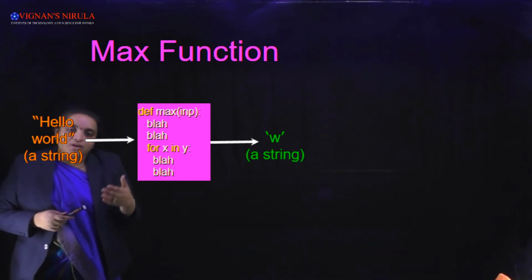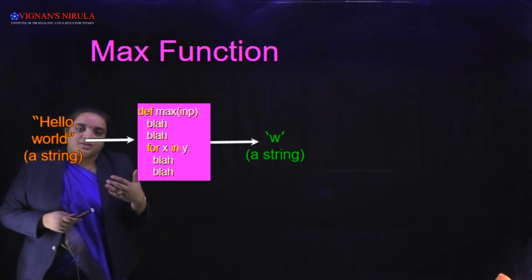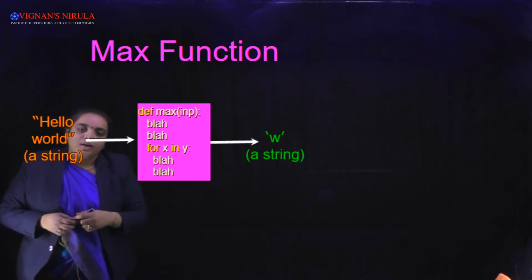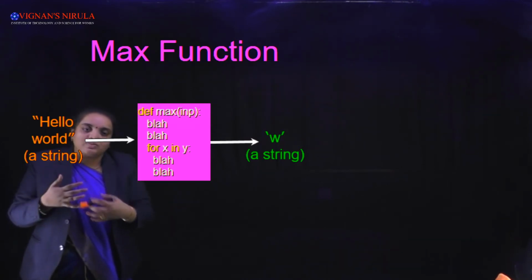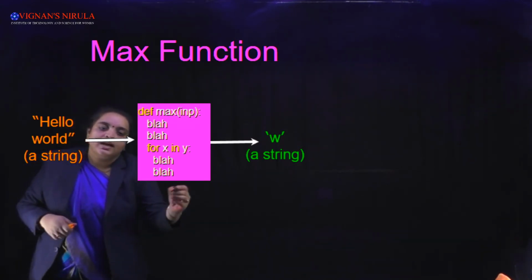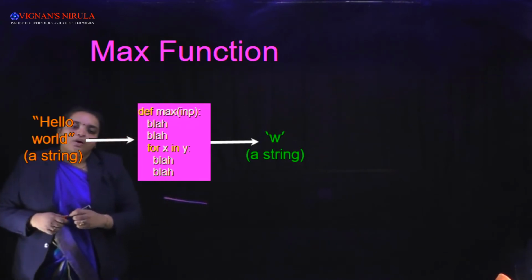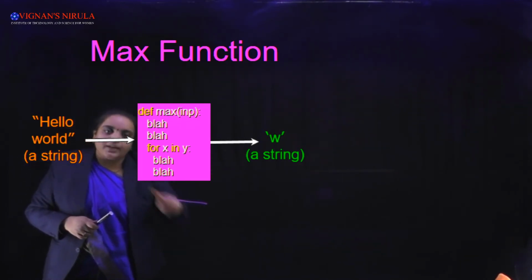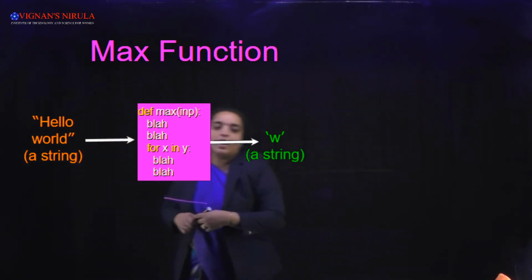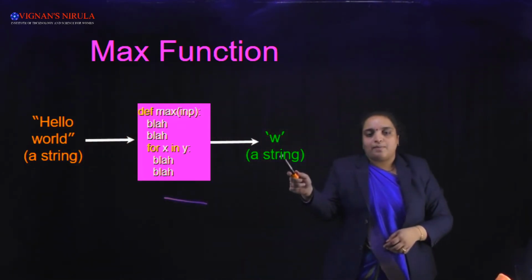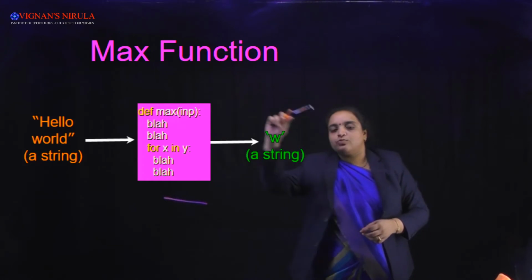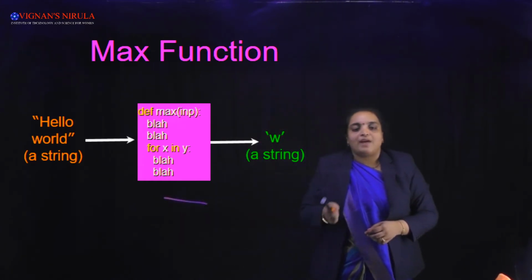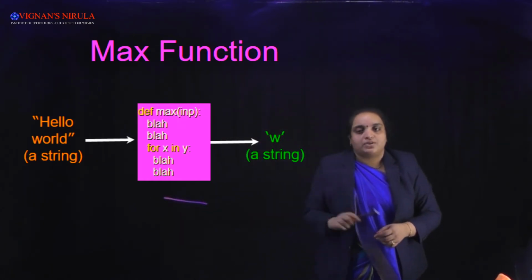Because the max function is a predefined function, that is a built-in function, what the max function does is already defined in this code. So that will generate an output that is printed in the output section, that is w. So this is what happens in the whole program when we use built-in functions.